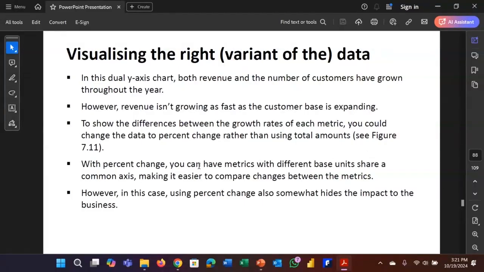So you see, dollar sign and number cannot compare, right? You make it a percentage, maybe it's still acceptable, right? So in this case, with percent change, you can have metrics with different base units share a common axis, making it easier to compare changes between the metrics.